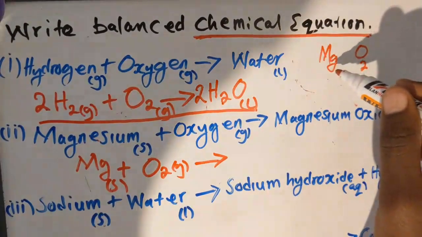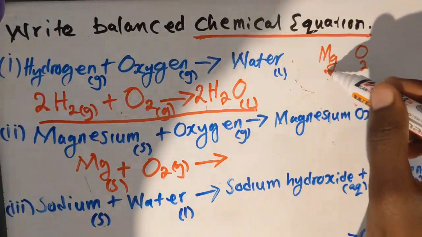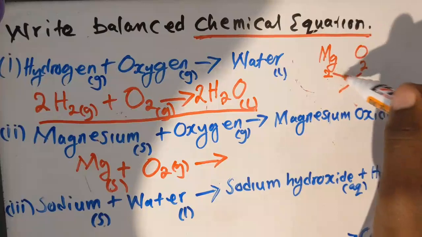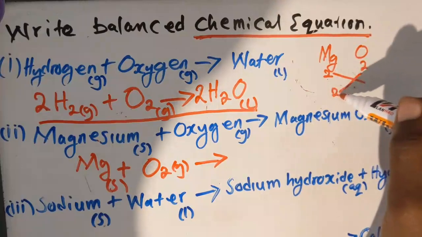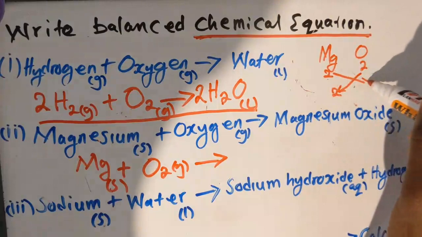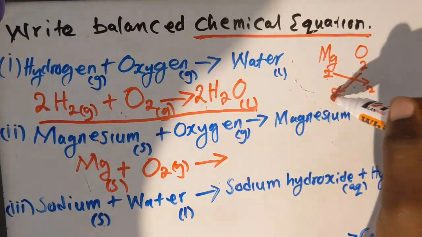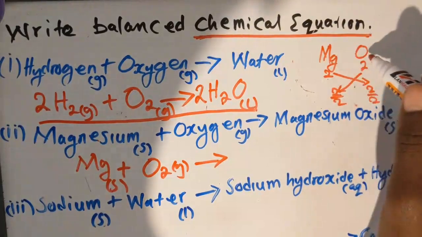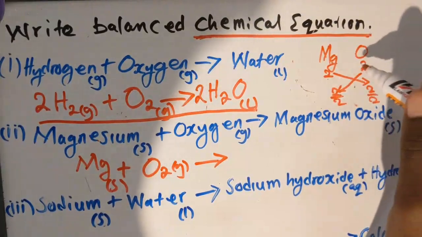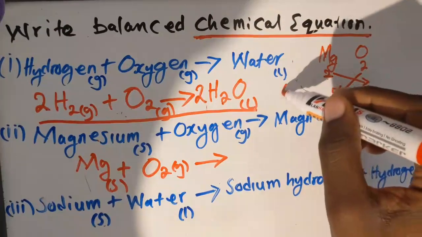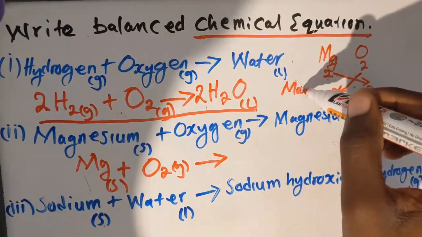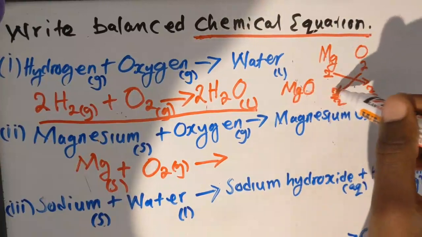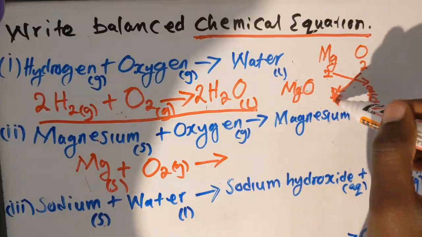Magnesium on the periodic table has a valence of what? Has a valence of 2. Okay, so you do this. That is what we said. This comes this side and the 2 comes that side. So when you divide by 2 as a common factor, you have magnesium 1 and oxygen what? 1. Meaning that the chemical formula will be magnesium oxide, because this is 1, this is 1, this is 1, right?